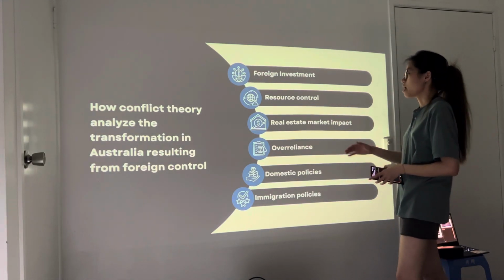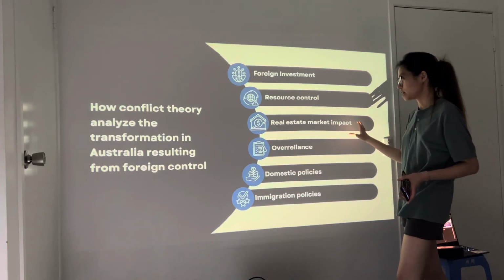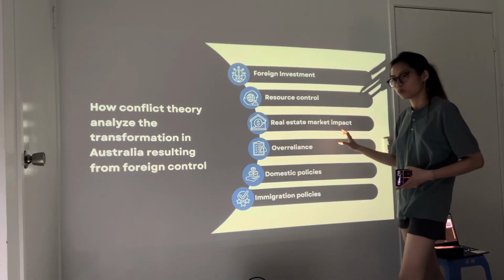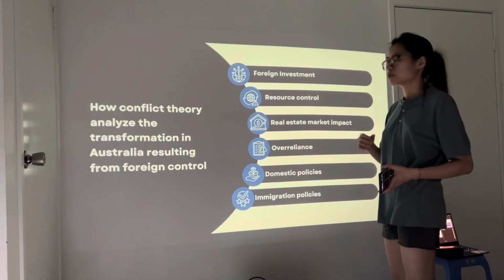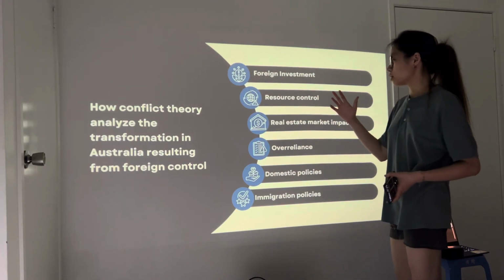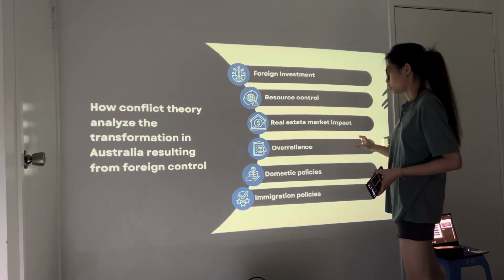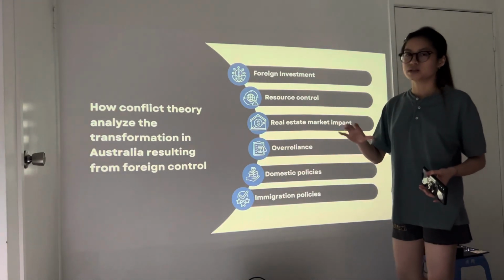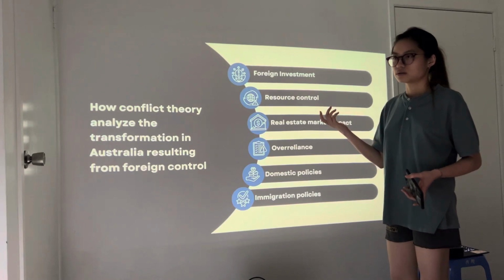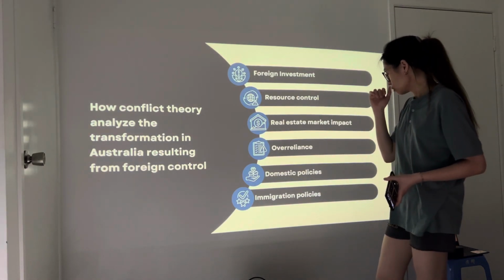They also have an impact on the real estate market, which will create an over-reliance from Australia on the international economy.